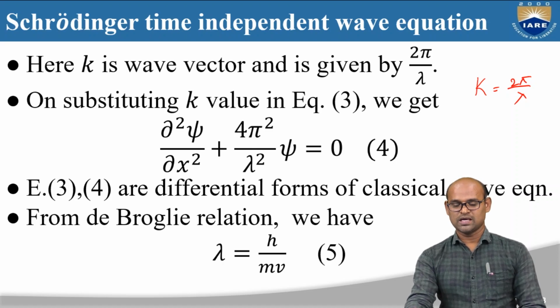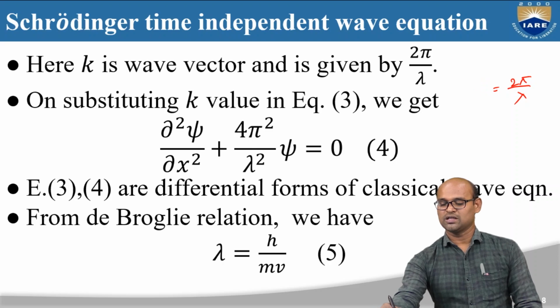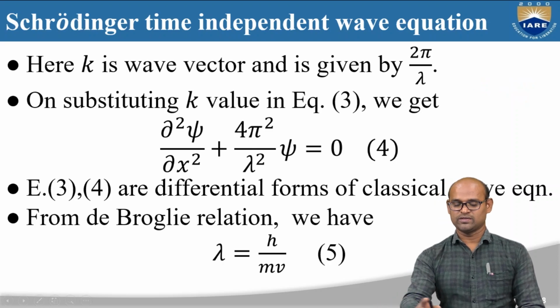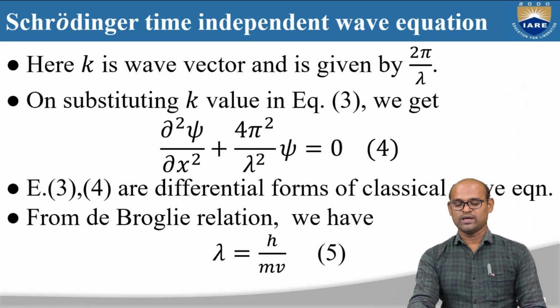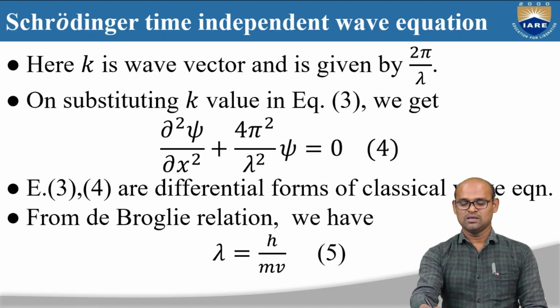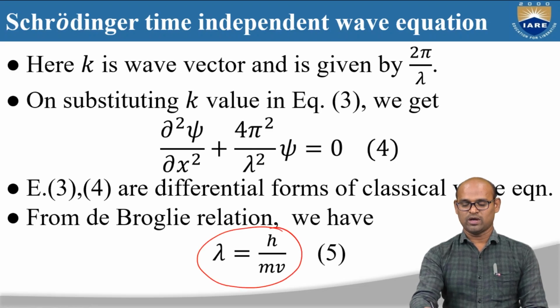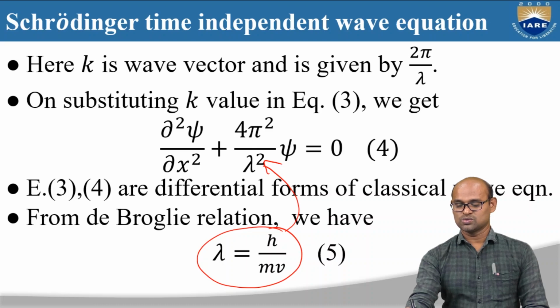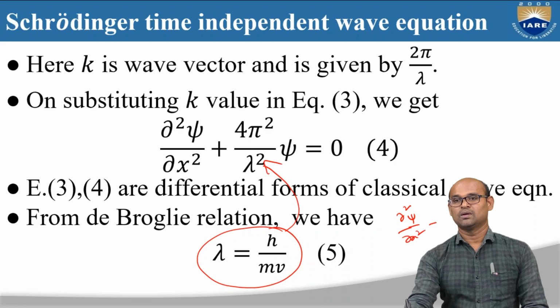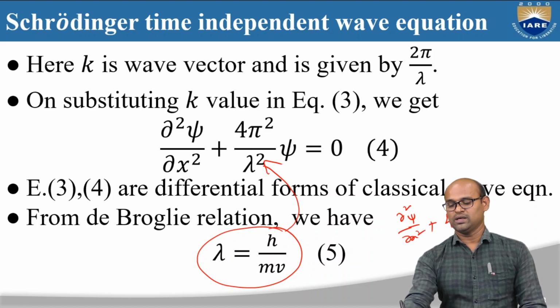But de Broglie said that each particle has wave nature and its wavelength lambda is given by h by mv. So we are going to substitute lambda in this equation. When we substitute that, dou square psi by dou x square plus 4 pi square by lambda square, with lambda square being h square by m square v square, times psi is equal to 0.